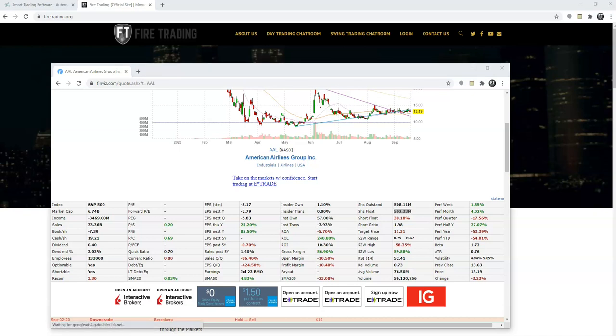Now, why is this important? This is important because when a stock has a high short float, it's more prone to short squeezes. If you don't know what a short squeeze is, it's basically when a stock starts getting some type of upward momentum, whether that's positive news or a technical breakout, whatever it is that's causing people to come in and start buying this stock, it forces the shorts to cover.